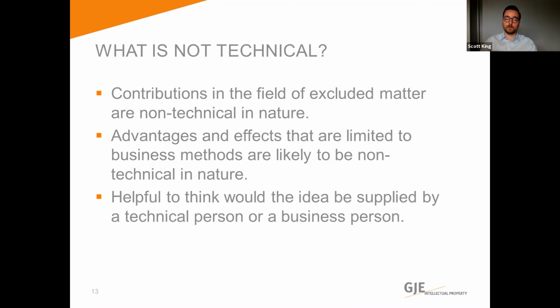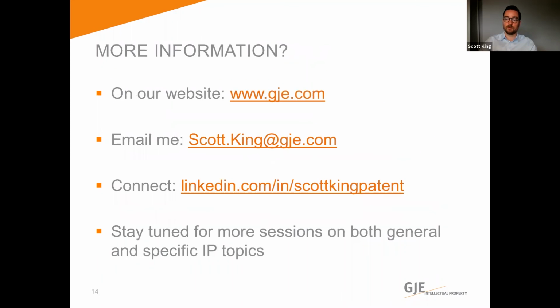Would it be a technical person, such as a scientist or an engineer, or would the idea have been come up with by a business person? If it's a business person's idea, then it's likely to be determined to be non-technical. So in the next talk, I'm going to run through some example computer tech ideas and see whether they're technical or non-technical.